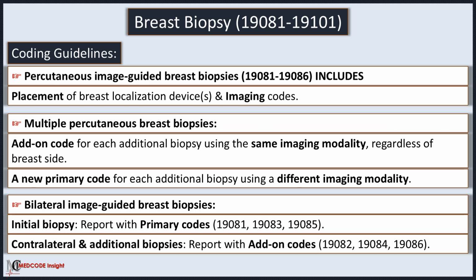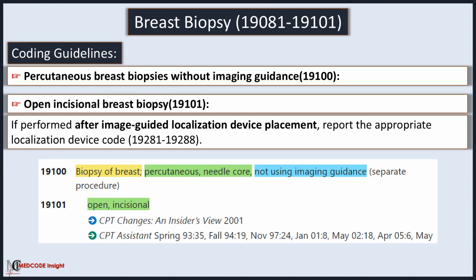To report bilateral image-guided breast biopsy, report primary codes for the initial biopsy; the contralateral and each additional breast image-guided biopsy are then reported with add-on codes. Percutaneous breast biopsy without imaging guidance is reported with code 19100.